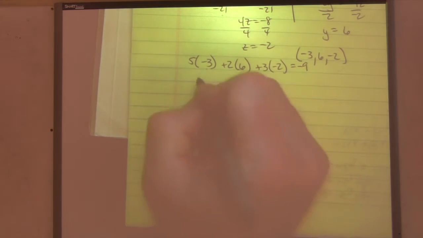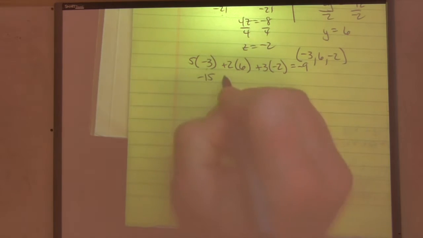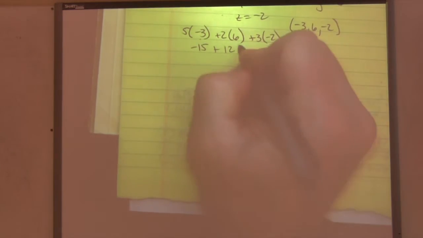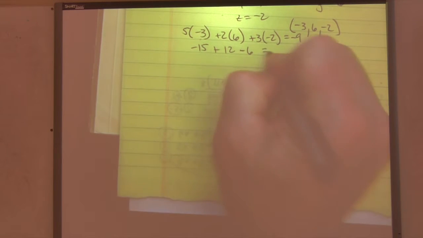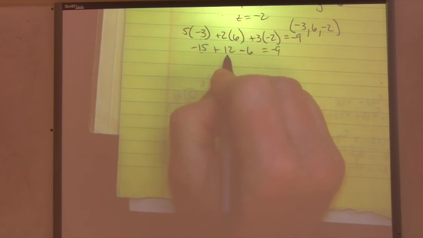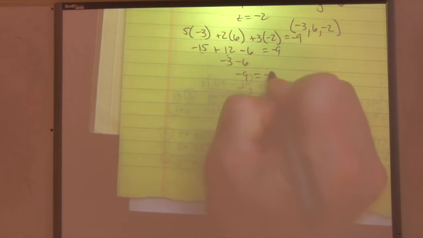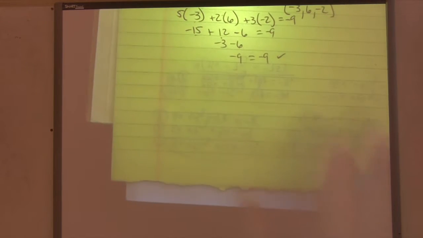So 5 times negative 3 is negative 15, 2 times 6 is 12, 3 times negative 2 is a negative 6, and so negative 15 plus 12 is a negative 3, minus 6 is a negative 9. And so it checks, and so I know that I've got it right.